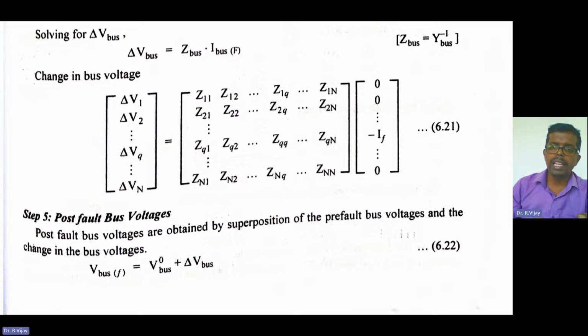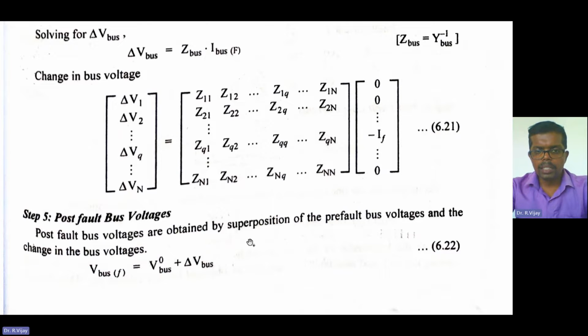So what we are doing is considering the unsymmetrical fault in a symmetrical system, because unsymmetrical fault analysis is very difficult. We consider it as a symmetrical fault and go for solving the problem. In step number 5, we calculate the post-fault bus voltage.